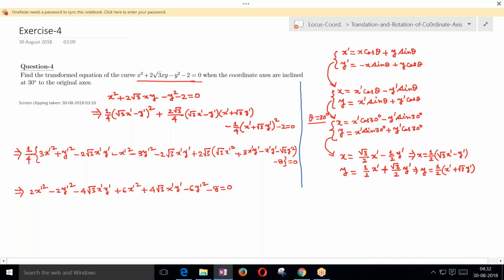If you see, minus 4 root 3 and plus 4 root 3 got cancelled, and if we simplify further we get 8 x dash square minus 8 y dash square is equal to 8. So this gives us the answer: x dash square minus y dash square is equal to 1.